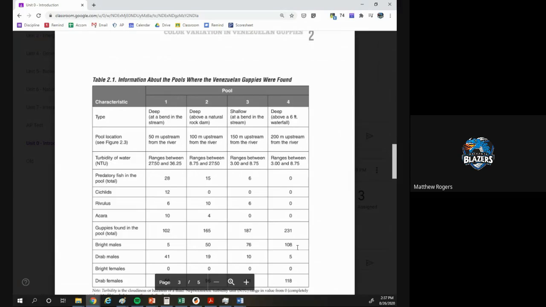And so the best answer is that the trend of bright color as you go up the pool number is because there are fewer predators, and being bright allows you to attract more females or something along those lines. There's a lot of different things built into this. It's not just as simple as the turbidity. So there's a lot of different pieces of evidence that you kind of have to connect together.